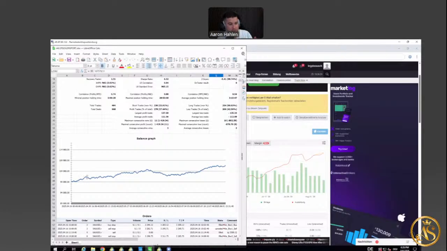This is the most important thing, constantly up into profit, with always, you can see, little drawdown phases where the account is struggling with little losing trades. But what comes after those drawdown phases is always more profit than before.